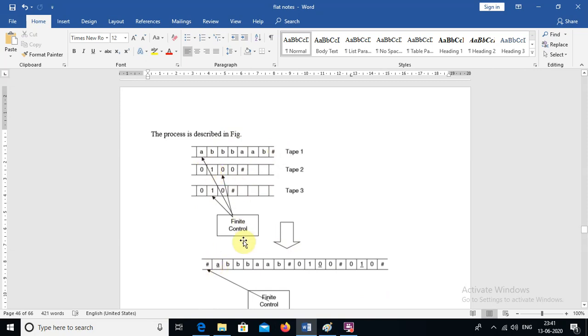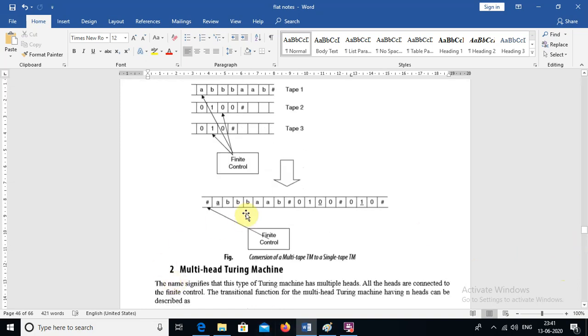Tape 1 data can be placed here, tape 2 data can be placed here, and tape 3 data can be placed here. And the finite control is pointing to the tape 1 data, and those are separated with special marker symbols like a hash.